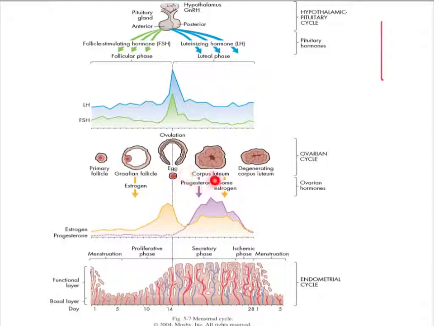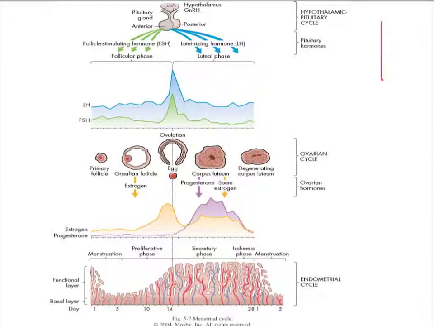The progesterone signals the uterine lining to maintain its blood supply. If there is no fertilization, then this corpus luteum is going to degenerate and regress, and thus the estrogen and progesterone levels will fall, and that signals menstruation to occur.